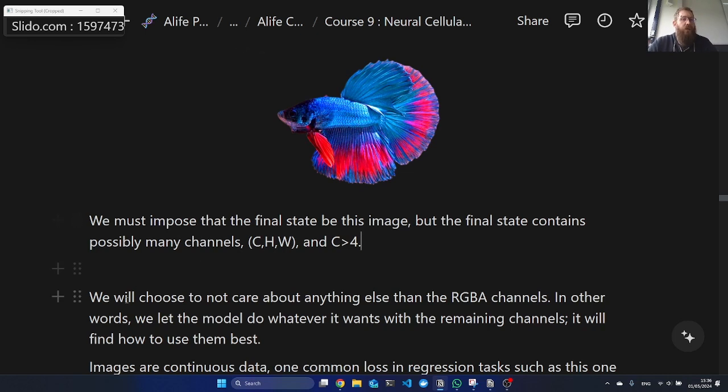So for the loss we say, let's not care about the hidden channels. We just ask for the cellular automaton to have RGBA channels which match this image at the end, and it's free to do what it wants with the hidden channels.